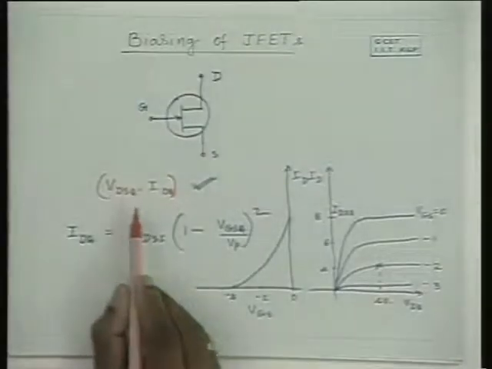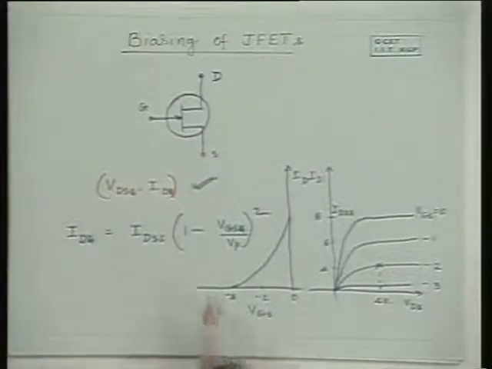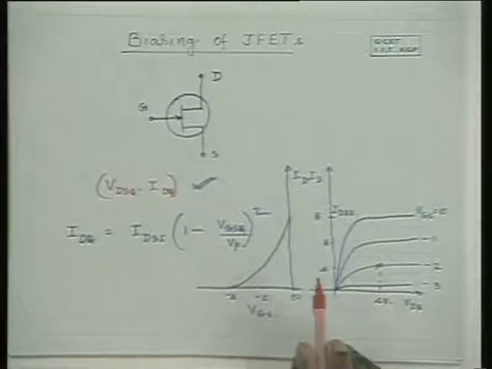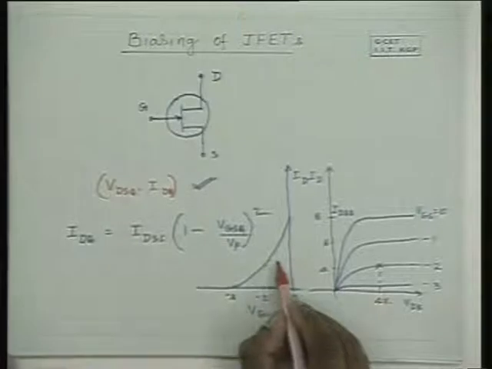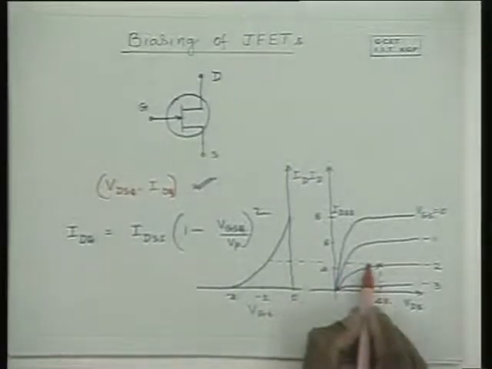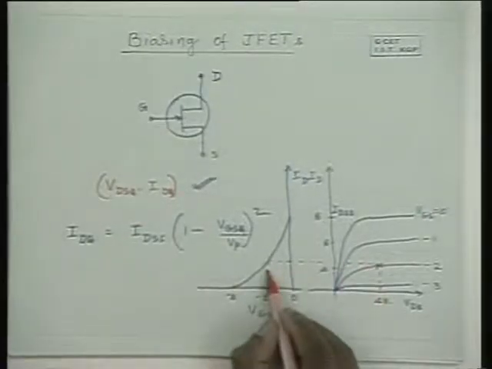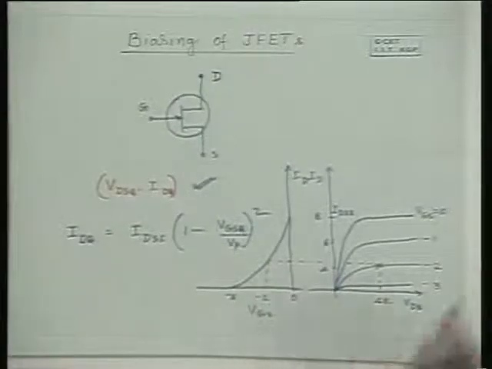Now the question is, how do you select the quiescent point? That means what particular VDS Q and ID Q you operate at, and how do you design a circuit to yield these voltages and currents? The analysis is similar to that in the case of a transistor, with some difference, the difference being the characteristics.